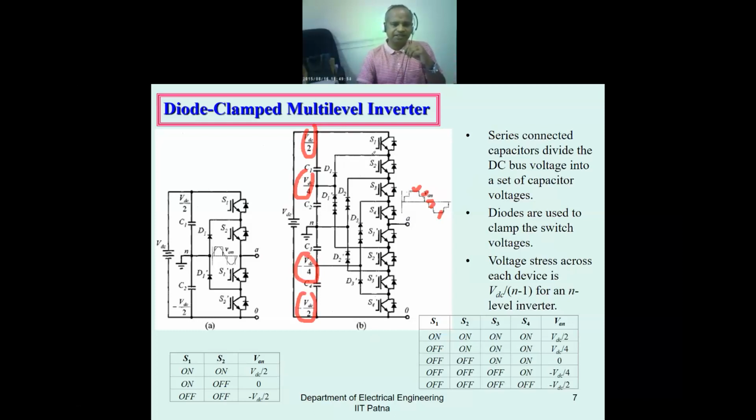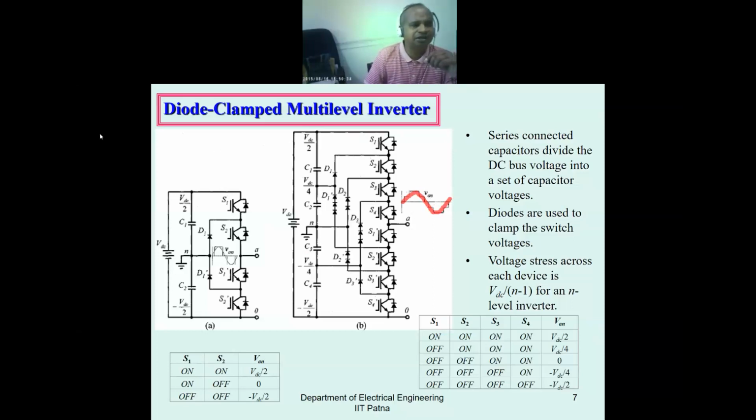And these are the clampings between 1 and 4, then 2 and 3, then 3 and 1. So here you will get VDC by 2, VDC by 4, 0, again VDC by 4, and this way you can easily find out that as the number of levels increases, the output is nearly sinusoidal. It is approaching a sinusoidal wave.